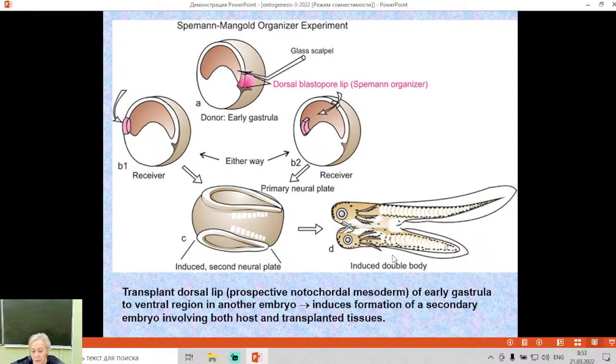You see on this slide the process of formation of two neural tubes, primary neural tube and secondary neural tube.